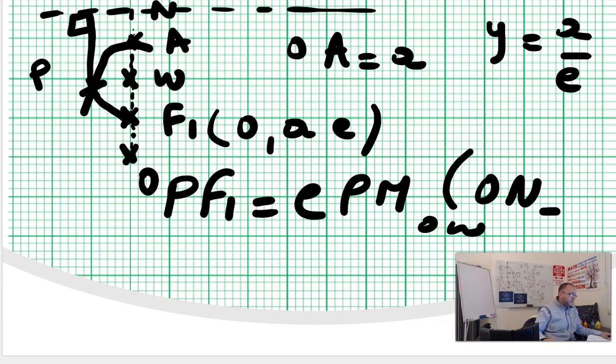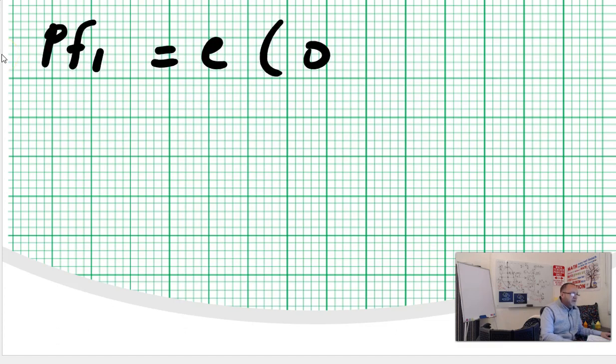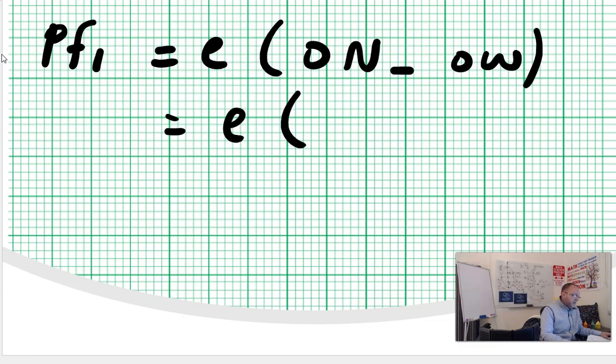Okay? All I did, I played that W game again. So I set PF1 equals e times (ON minus OW). Okay? And ON is my directrix up there. So it equals e times (a divided by e minus OW), which is a y now.